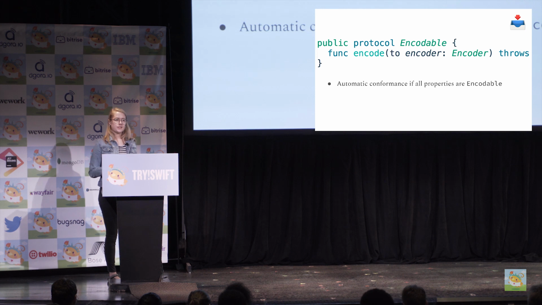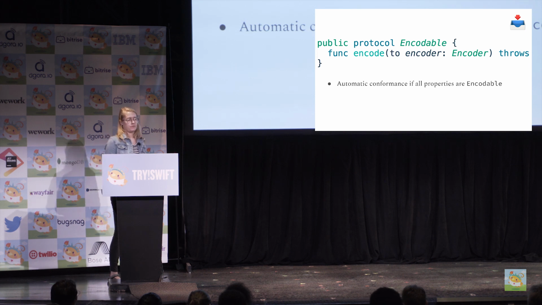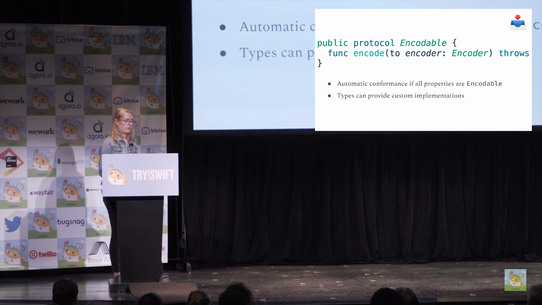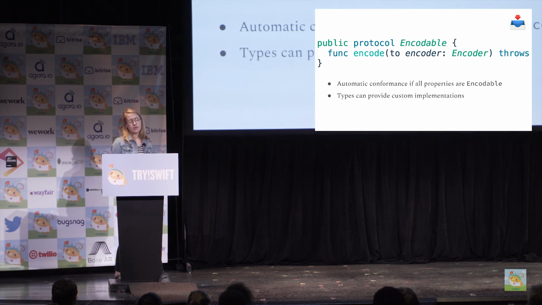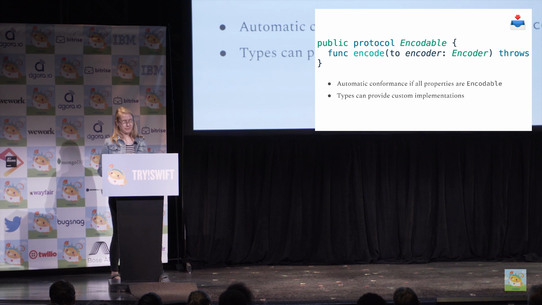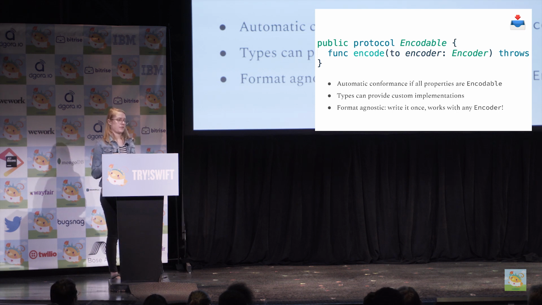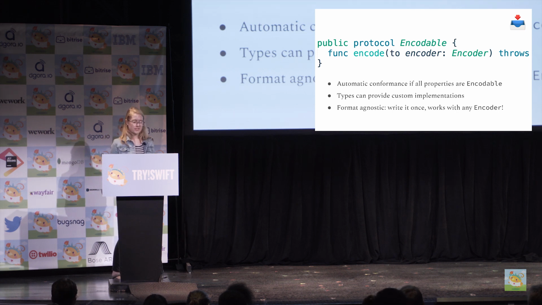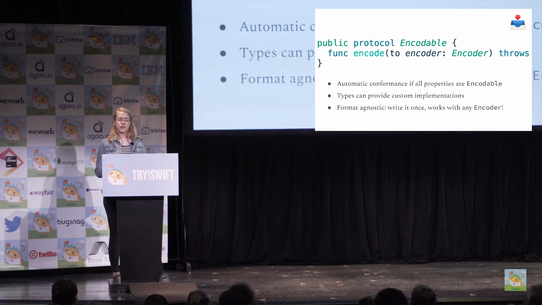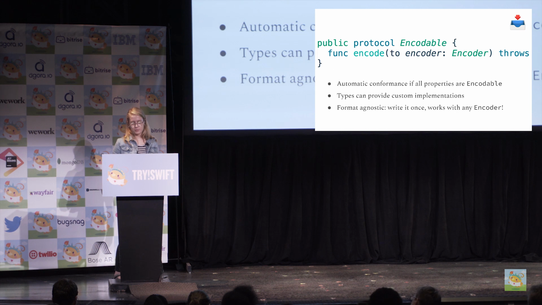But if that's not the case, or if you don't want the default conformance that the compiler provides you, then you can provide a custom implementation of this method, which we'll talk a little bit more about later. And one other thing I want to call out about this method is that it's format agnostic. So you'll notice this method doesn't actually specify anything about the type of encoder I'm using, just that it is an encoder. So you only need to conform to this protocol one time, and then your type can be used with any encoder, which is pretty awesome.